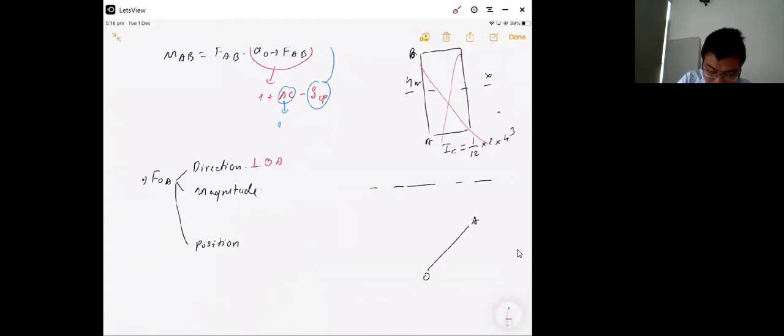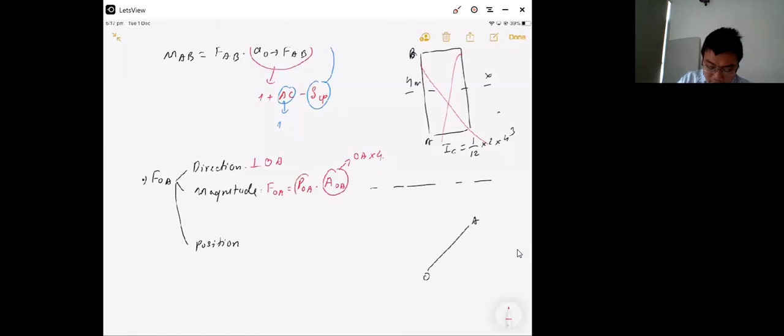Magnitude FOA will be equal to pressure OA times area OA. Area OA will be equal to OA times 4 meter long into the page.